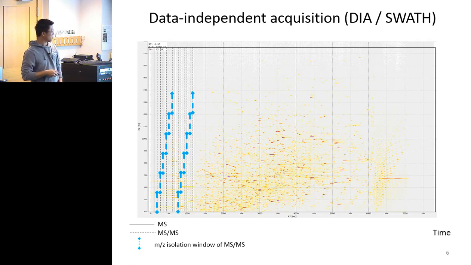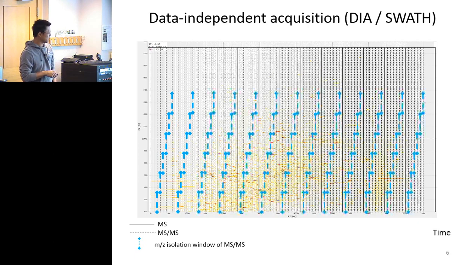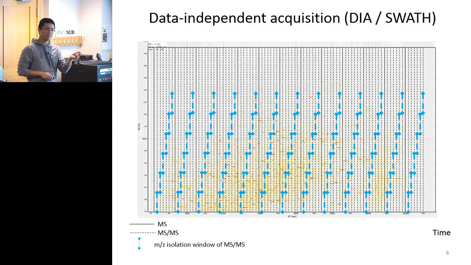So if you do this consistently and systematically across the whole retention time, you can imagine the difference from data dependent is that here you have the fragment signal for all the peptides in this whole range.